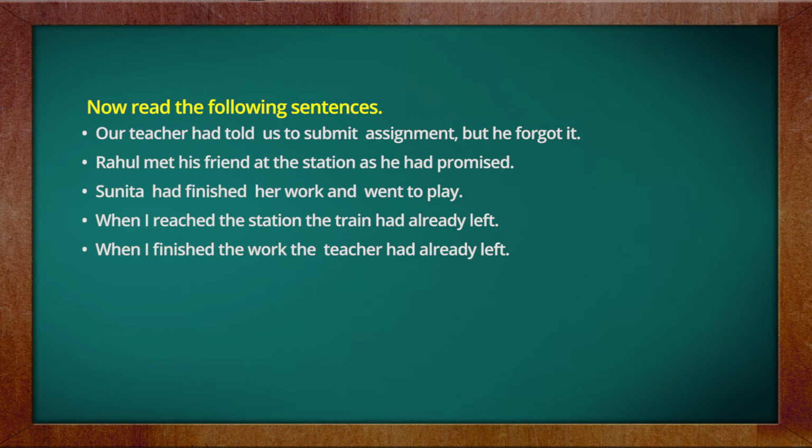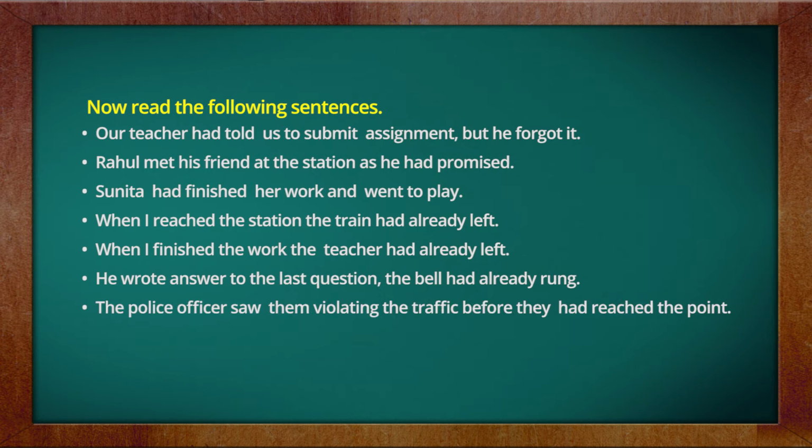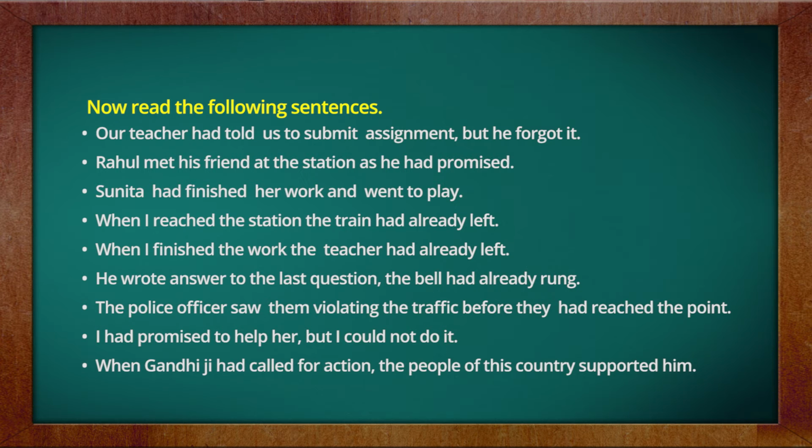When I finished the work, the teacher had already left. He wrote answer to the question. The bell had already rung. The police officer saw them violating the traffic rules before they had reached the point. I had promised to help her, but I could not do it. When Gandhiji had called for action, the people of this country supported him.